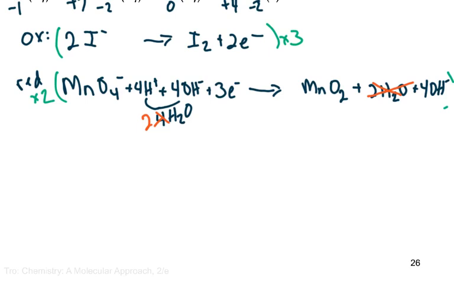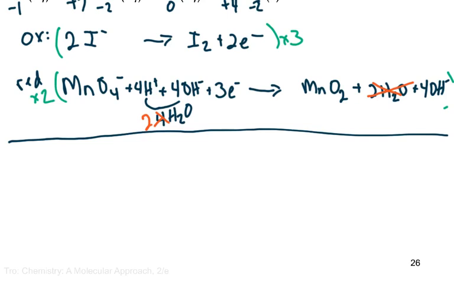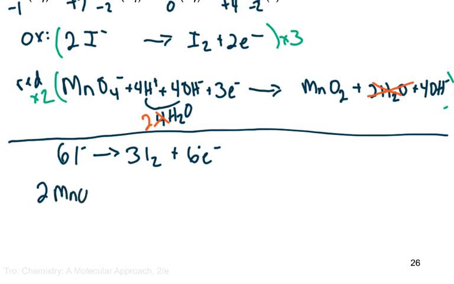That's going to get me, I'm going to write down below here, now I have 3 times 2 is 6I- reacts to form 3I2 plus 6 electrons. My reduction reaction, 2MnO4- plus, oops, not 2 water, sorry.